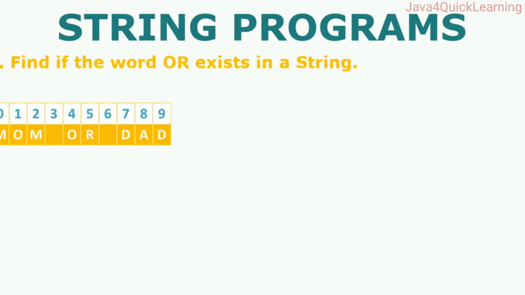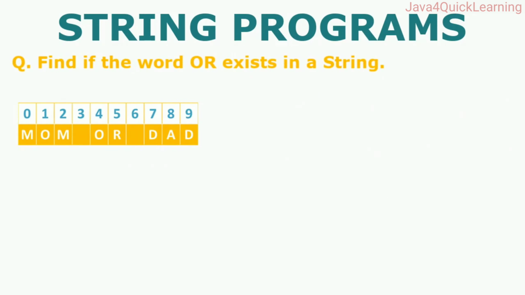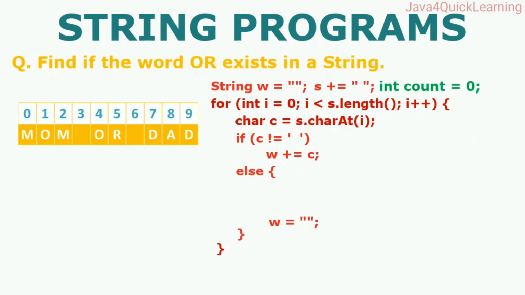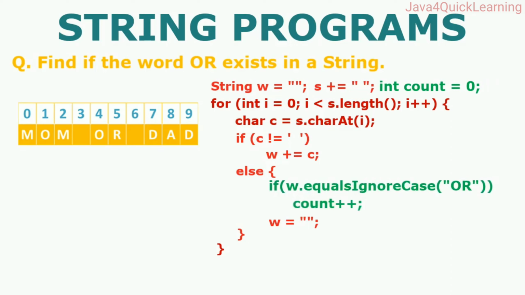Now the program could be to find if a matching word exists. Let's say we find the word, or you could be asked to take the search word from the user as well. We will again take our template. We will first initialize a count variable to 0 outside the loop. We will write an if condition with equals or equalsIgnoreCase to check if the word matches.